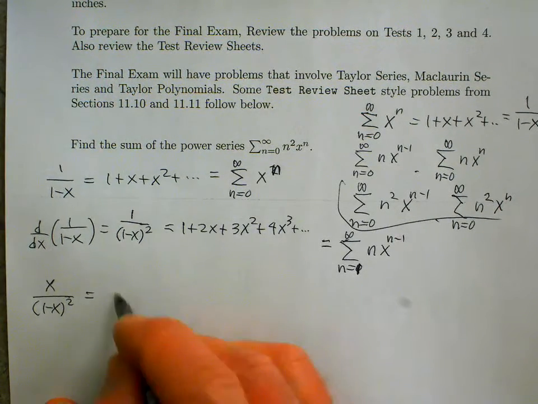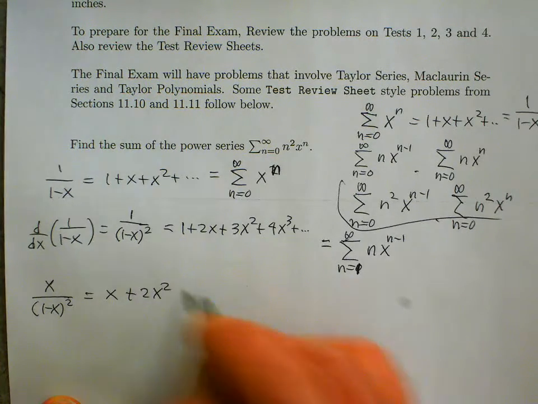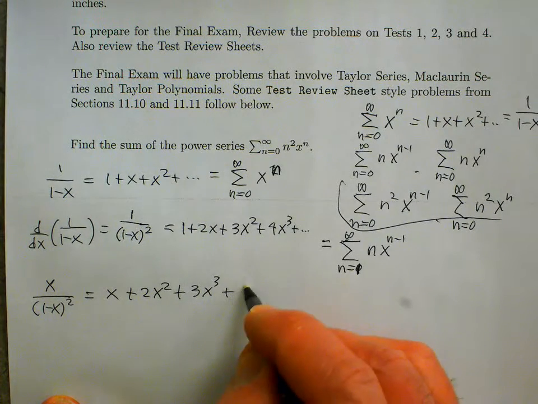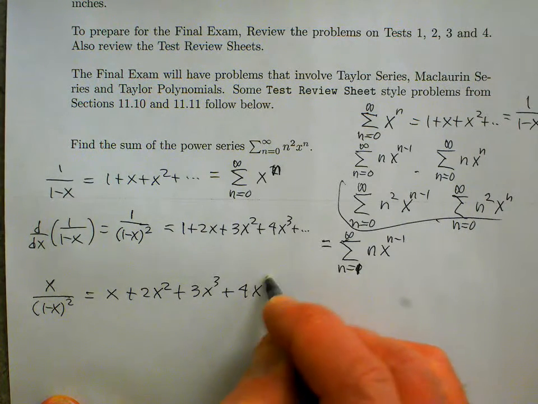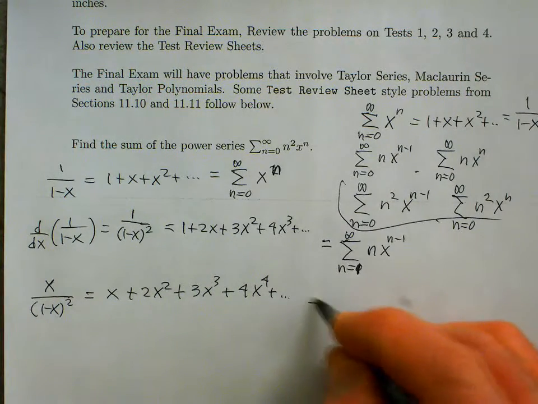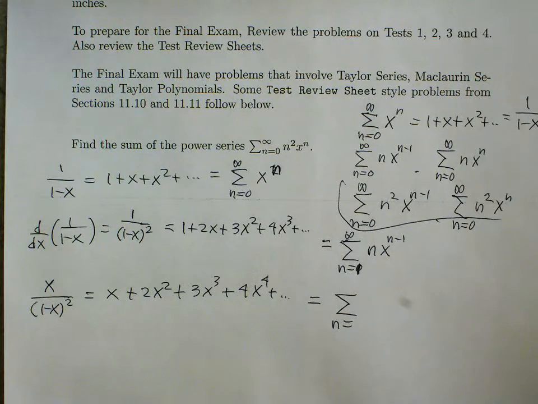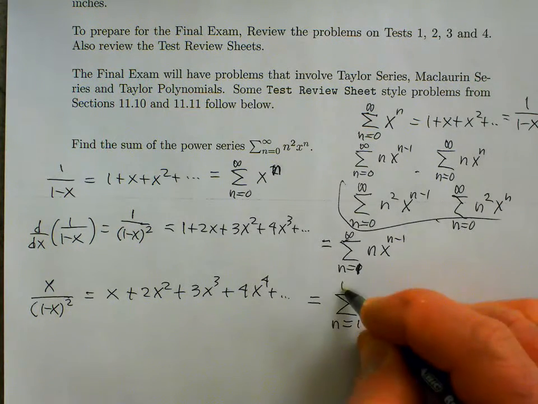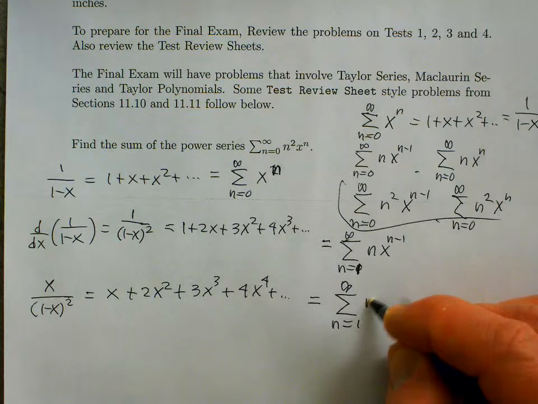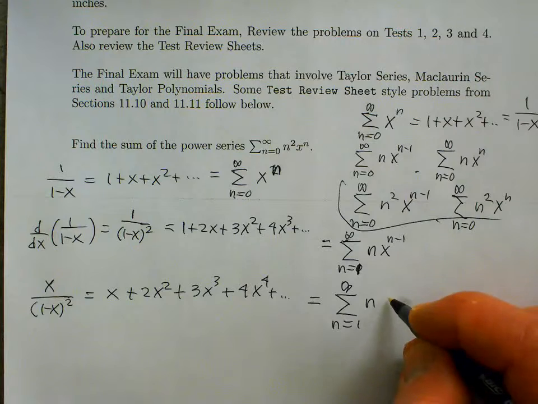And this will be x plus 2x squared plus 3x to the third, and so on. So this will be n times x to the n.